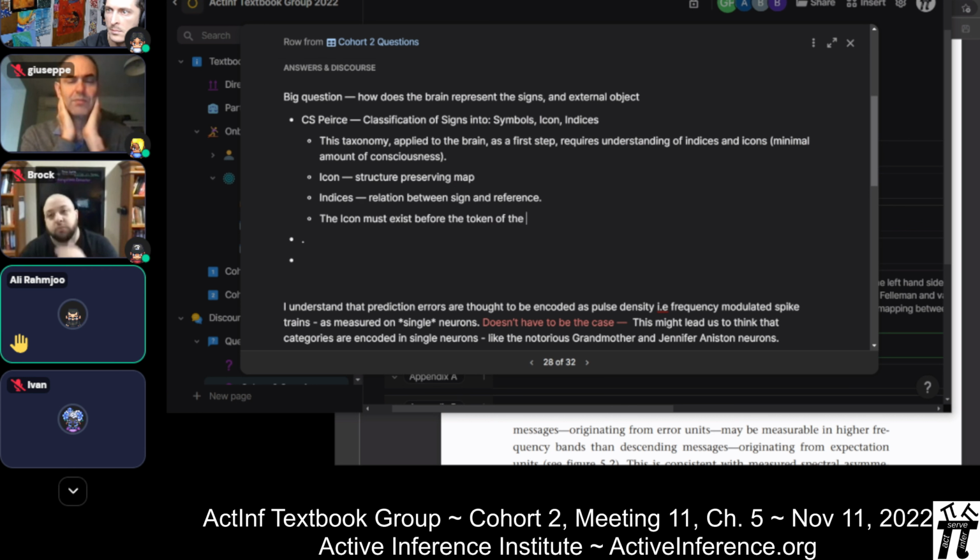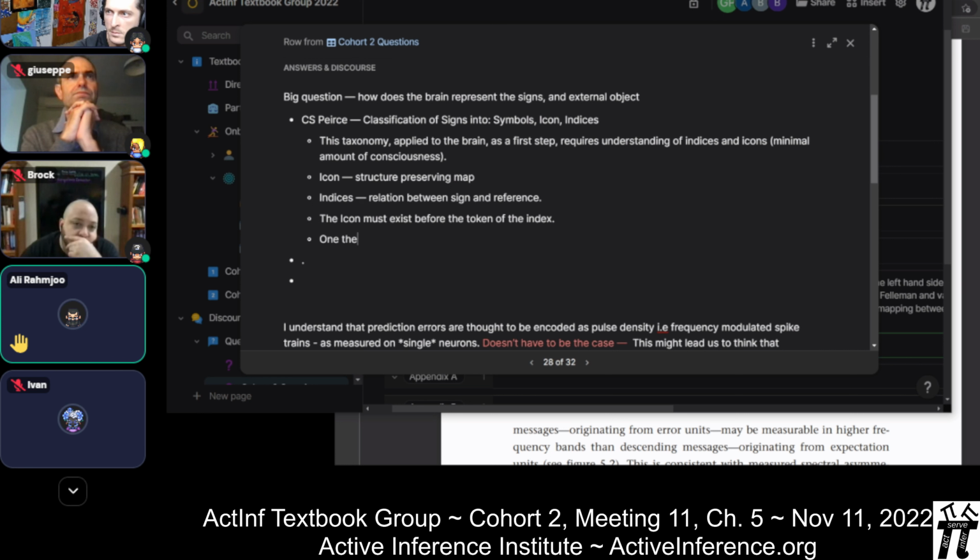So one theory for doing that is the so-called homuncular theory proposed by Daniel Dennett, in which he proposes a hierarchy of subjects with decreasing levels of consciousness.